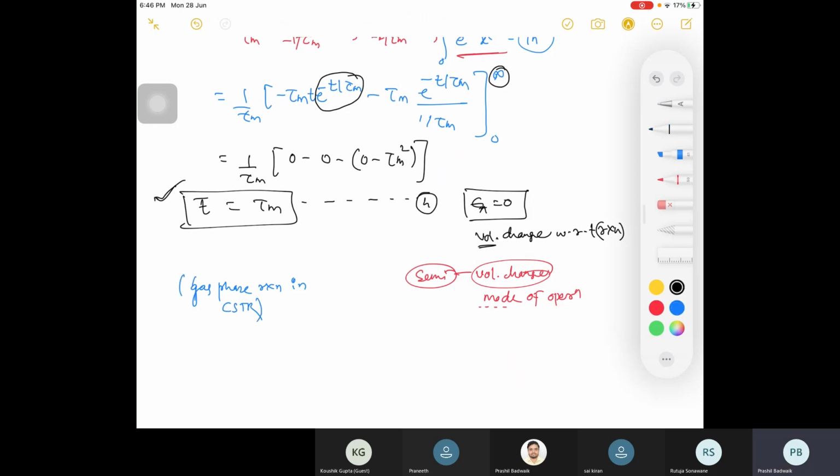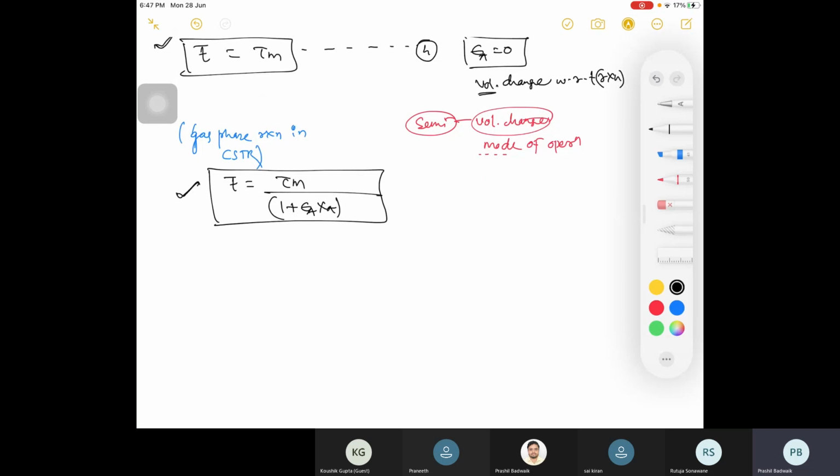Because of expansion or contraction of your volume, there will be change in pressure, and if there is change in pressure, there will be change in your time, right? So you will be having t mean is equal to tau m divided by 1 plus epsilon A into XA. This is your equation then, right?